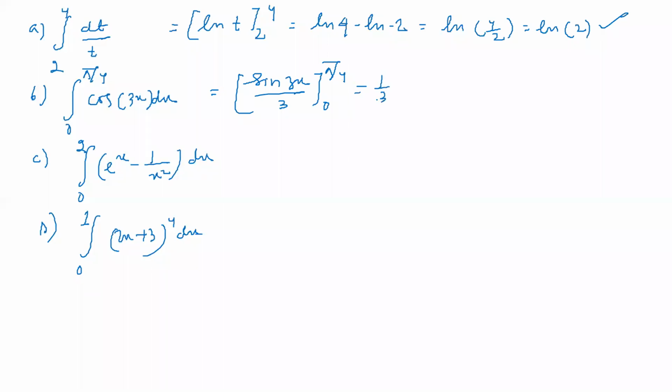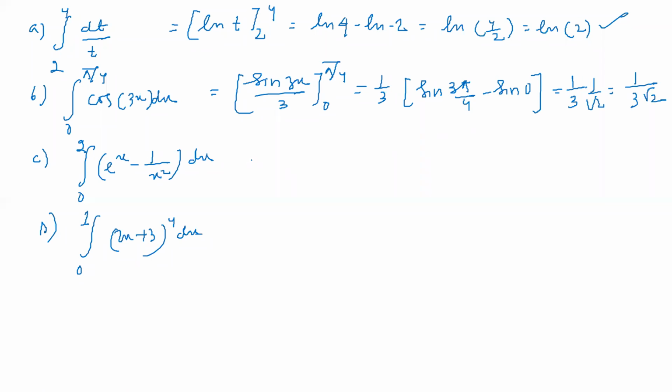So that is equal to 1 by 3 times sin 3 pi by 4 minus sin 0. Sin 3 pi by 4 is how much? 1 by 3 stays outside, and sin 3 pi by 4 is 1 by root 2. So 1 by 3 into 1 by root 2, which is 1 by 3 root 2. That is the answer.